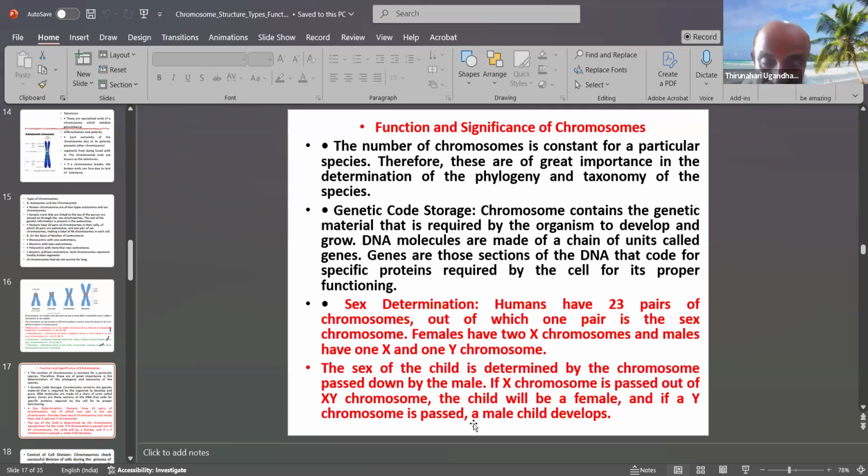The sex of the child is determined by the chromosome passed down by the male. If an X chromosome is passed from XY, the child will be female, and if a Y chromosome is passed, the child will be male. That is also one function of the chromosomes.